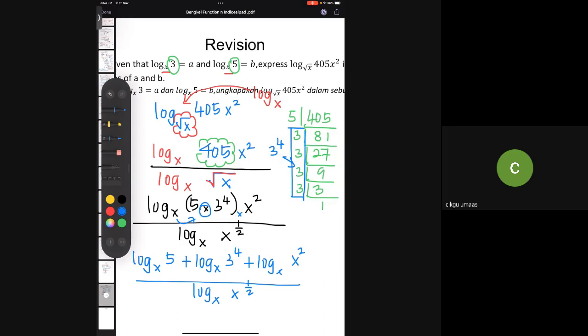Okay. After this, I can just write the answer. But if I were to write the answer, you'll be asking, where am I getting this one? So I just need to highlight one thing to you. Log X X is actually equal to 1.